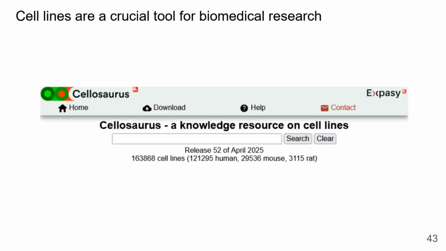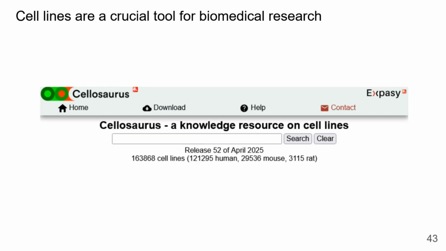There are hundreds of thousands of cell lines. There's this dictionary called Cellosaurus that maintains information on as many cell lines as possible. And you can see that they have 160,000 cell lines in their latest release. So there are lots of different reagents out there.